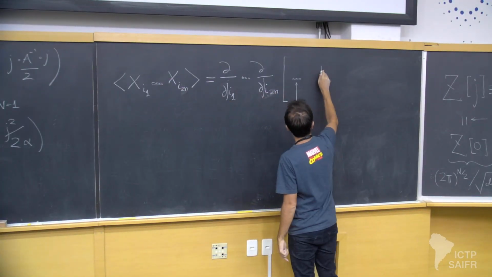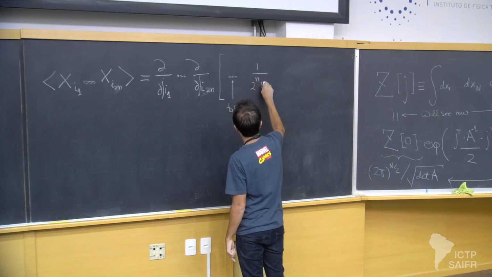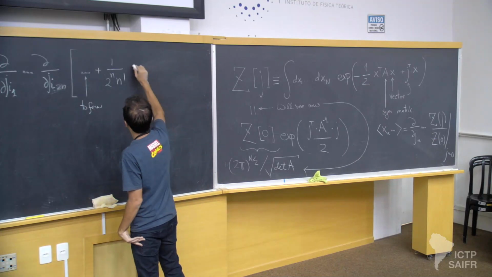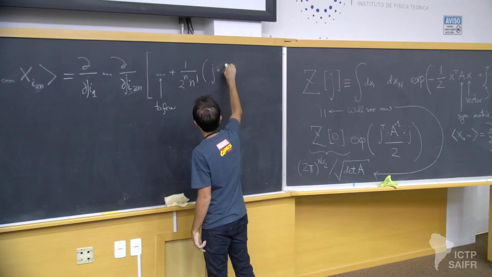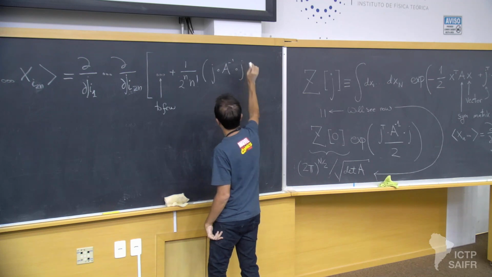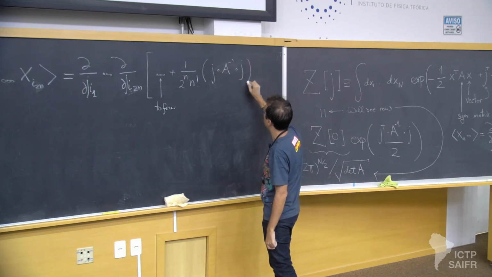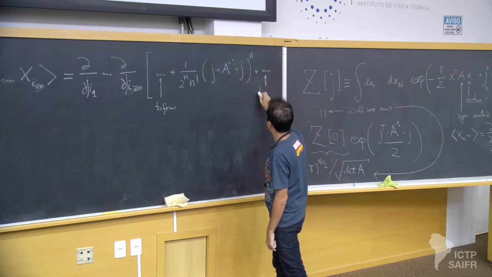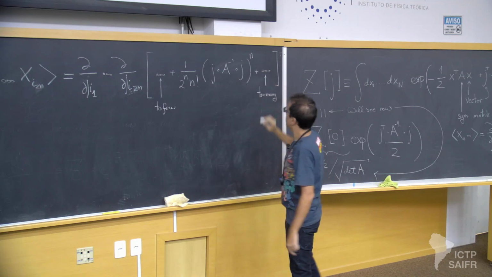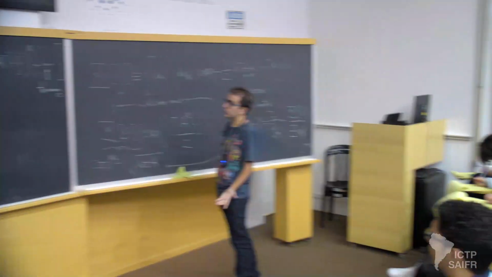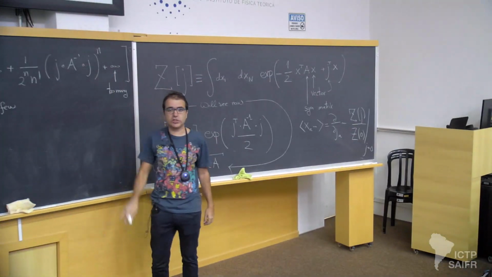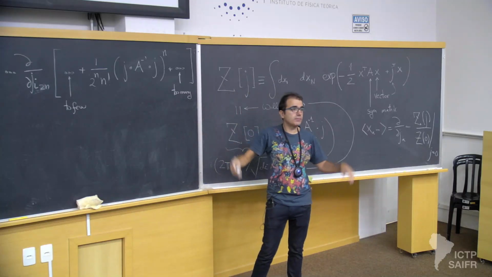The interesting one is 1 over 2 to the n factorial, when I expand that, times j dot a minus 1 dot j, to the power n plus dot dot dot, where the dot dot dot are too many j's. In this case, because I take exactly 2n derivatives, I don't even need to put j equals 0 because the derivatives will get rid of all the j's. But you can put j equals 0.